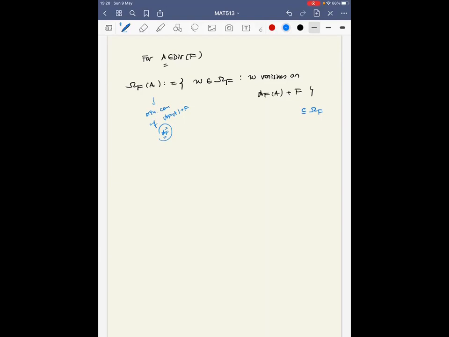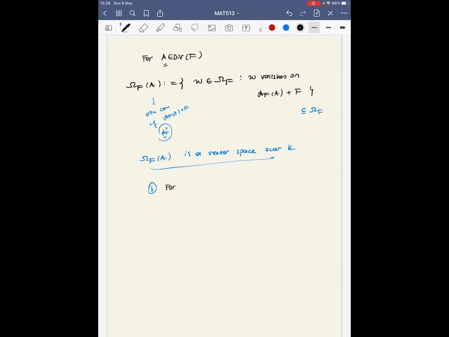So that means for any given divisor A, the Weil differentials of this divisor A form a vector space over K. So this is also closed under addition and closed under scalar multiplication.